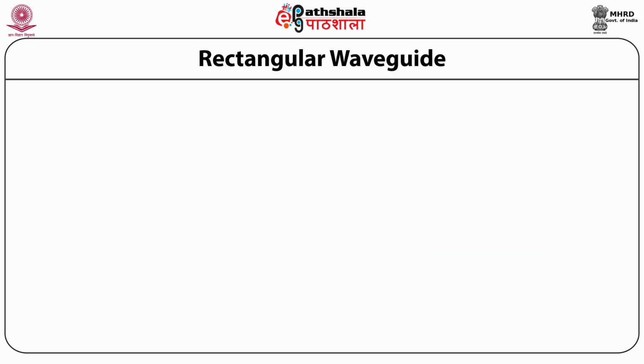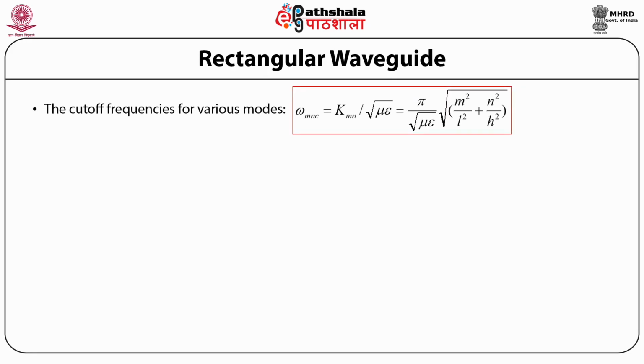Rectangular waveguides. Now, after having found the relation for K squared subscript mn, we can write down the relation for the cutoff frequency for various modes, given by ω_mnc = K_mn/√(με) = π/√(με) times √(m²/L² + n²/h²).